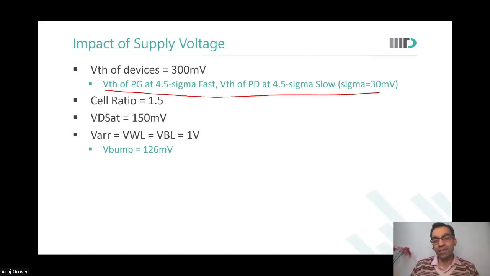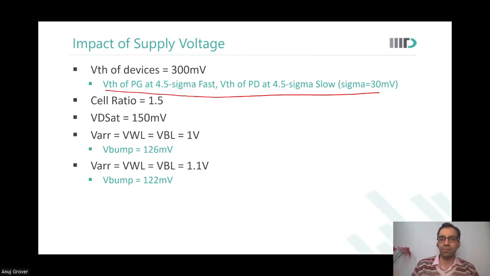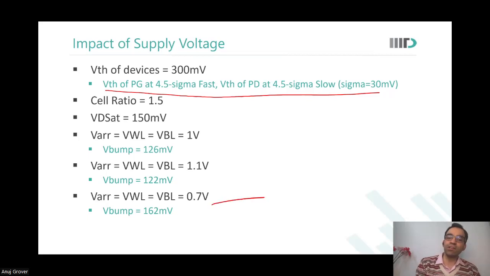If I increase the voltage, the bump reduces a bit. If I reduce the voltage, the bump increases. So as I go to lower supply voltages, my static noise margin degrades very significantly.